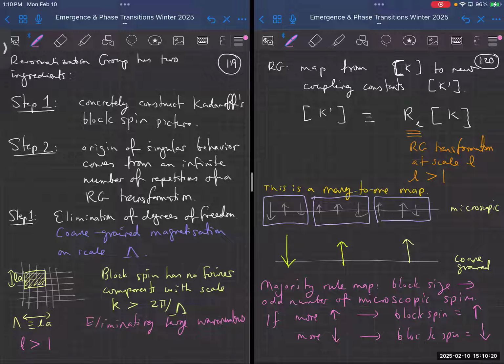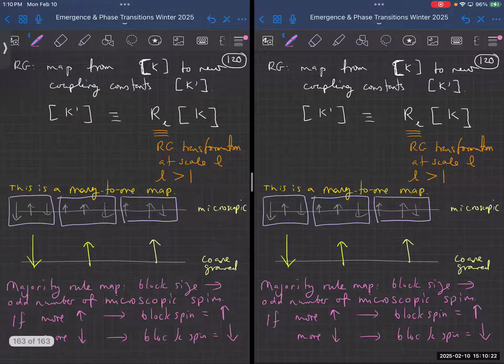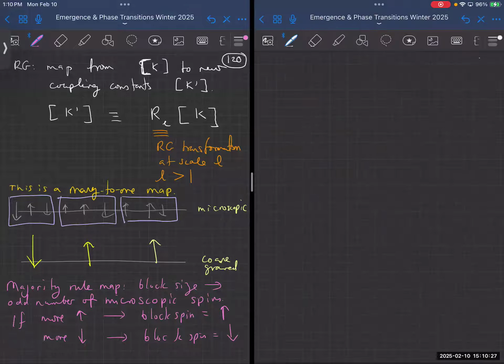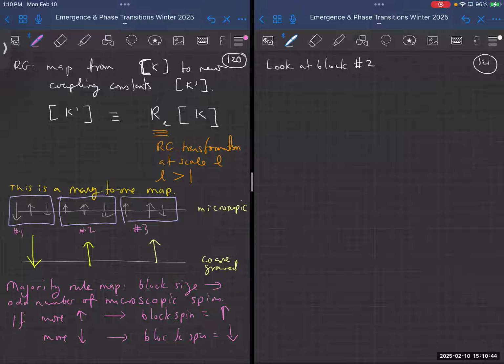Now, one thing that you can see is, why do I say that this process is a many-to-one process? Well, suppose we look at block number 2. So here's block number 1, number 2, number 3, and so on. Block number 2 has 2 spins pointing up and 1 spin pointing down.